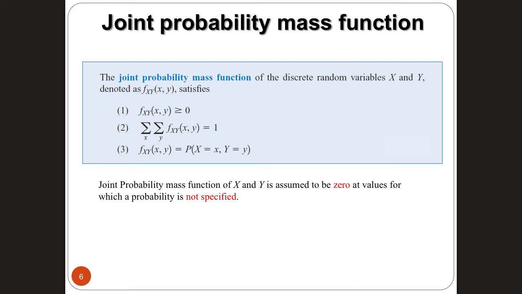Joint probability mass functions, again similar to the other case, wherever you have joint values of x and y that is not among the ones that have a probability given to you, then you assume that that is equal to 0, similar to the case of discrete random variables with single random variable as well. So it's the same thing here. Okay.